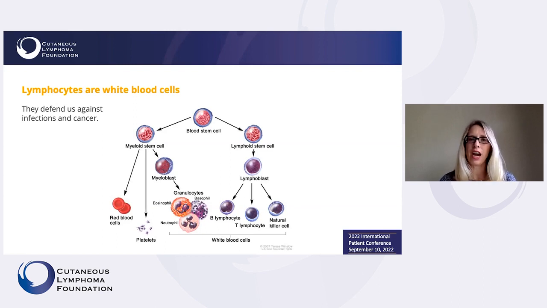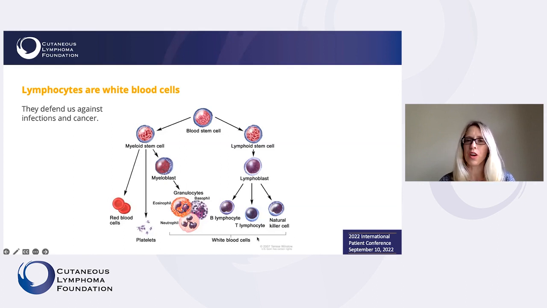You can see here on my slide that there are many different types of blood cells. There are red blood cells, which help carry oxygen to the body. There's platelets that help us with blood clotting. And then there's a variety of different white blood cells that are our defense system.